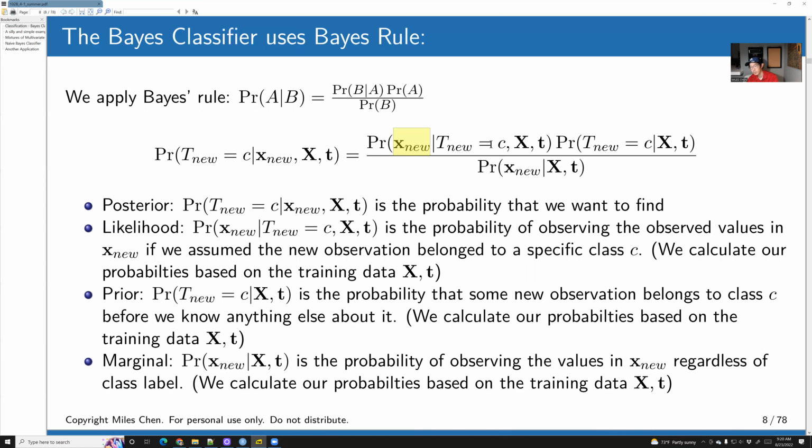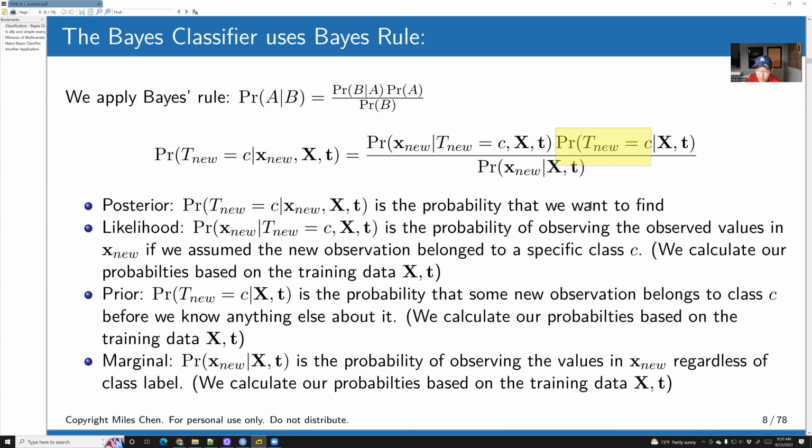Maybe certain classes are more likely to produce certain values than others. Then we multiply that by the prior probability: what is the probability that some new observation belongs to a certain class before we even looked at any of the measurements in X?